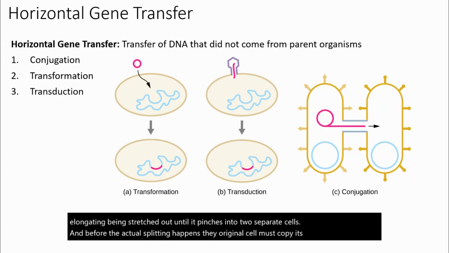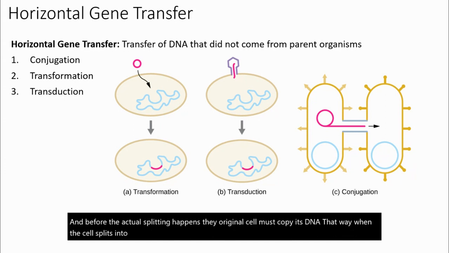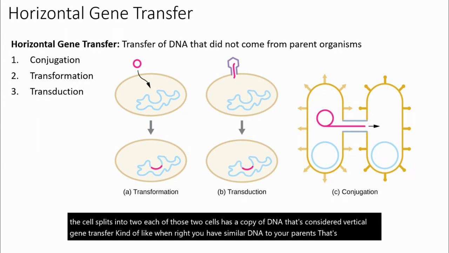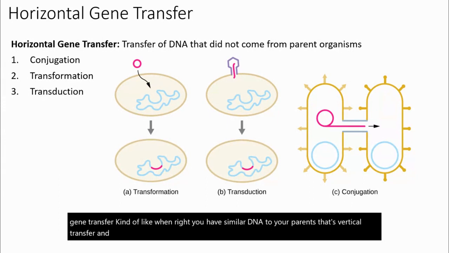That way, when the cell splits into two, each of those two cells has a copy of DNA. That's considered vertical gene transfer, kind of like when you have similar DNA to your parents. And if you have a child and you pass your DNA, again, vertical transfer.